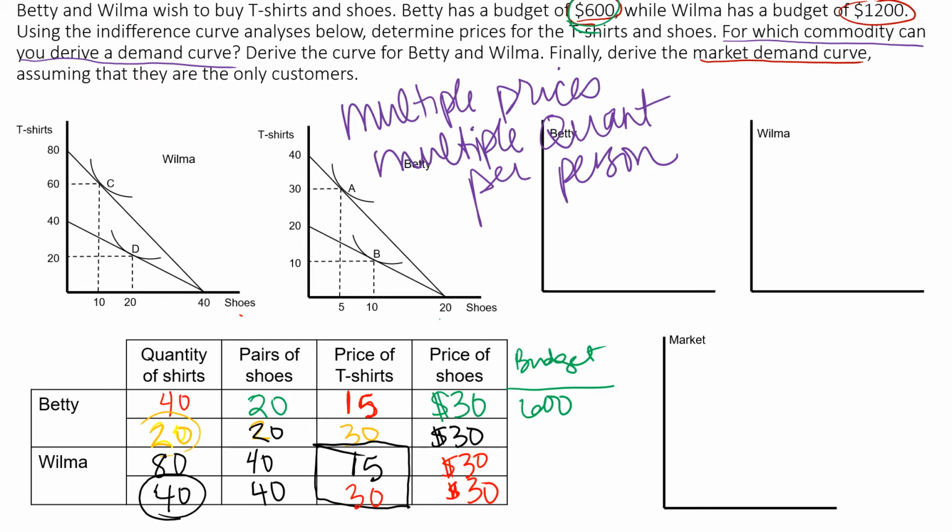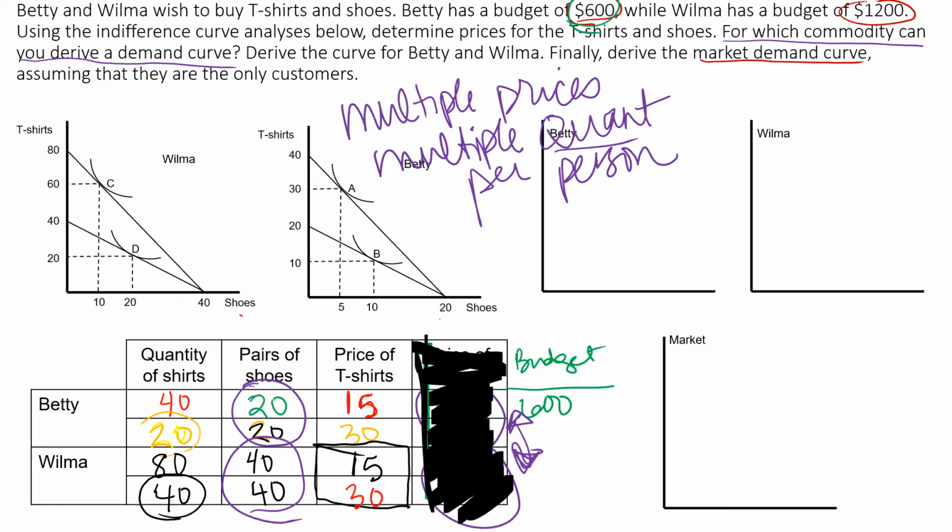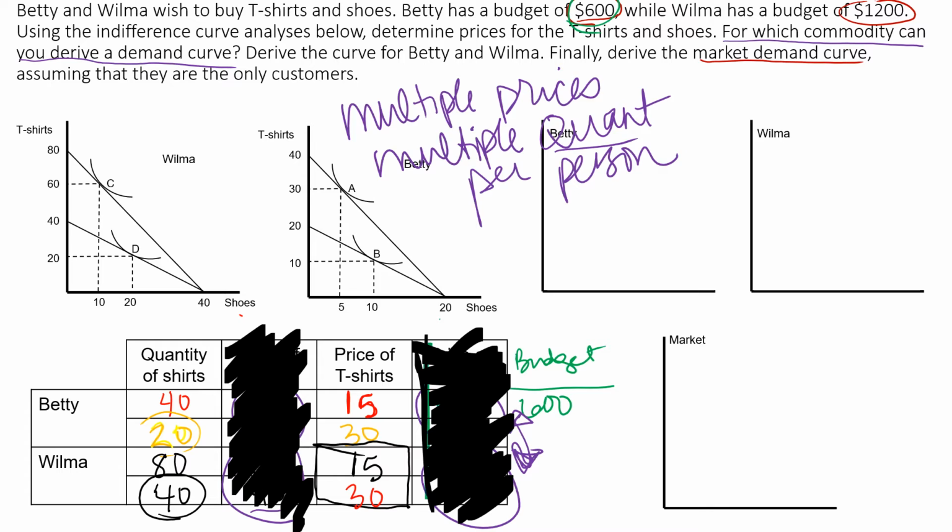For the shoes, we have one quantity value and one price value for Betty, and we have one quantity value, 40, and one price value, 30, for Wilma. So we do not have multiple price values or multiple quantities. So we cannot derive a demand curve for shoes because we don't have data on multiple prices.